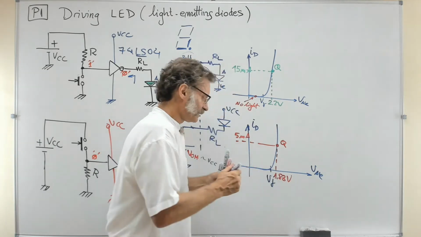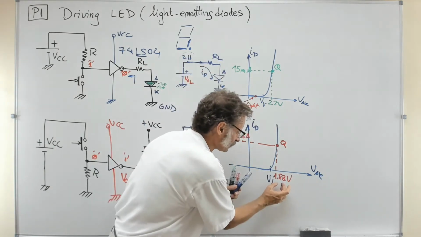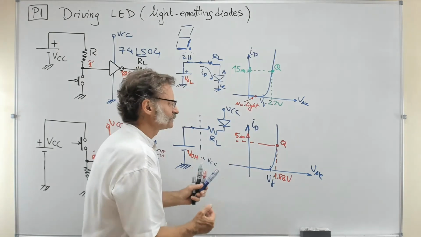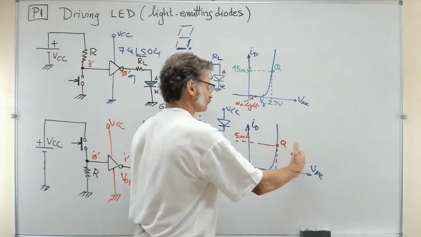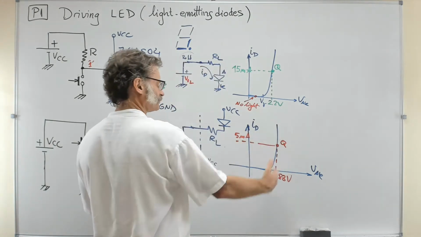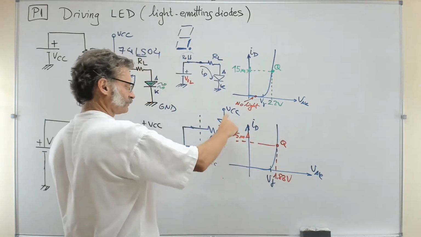So when you are reaching this voltage of 1.8, the diode is starting to conduct correctly, so it's managing current correctly.